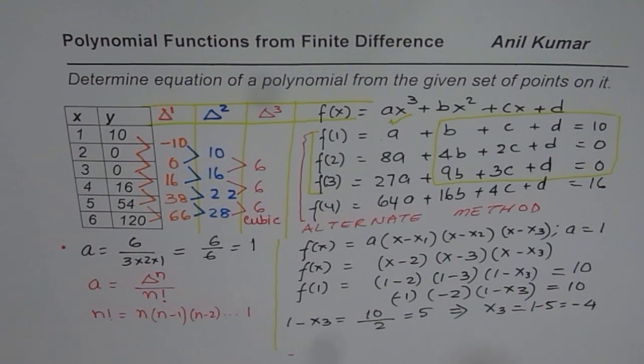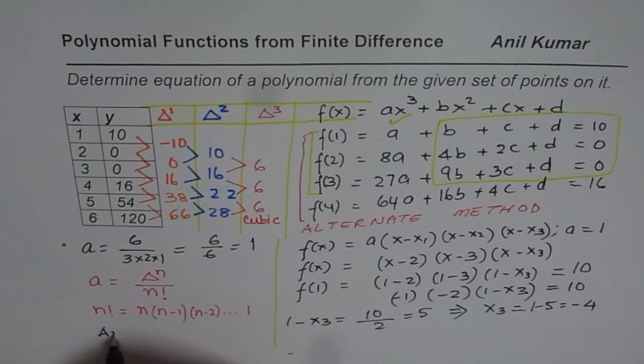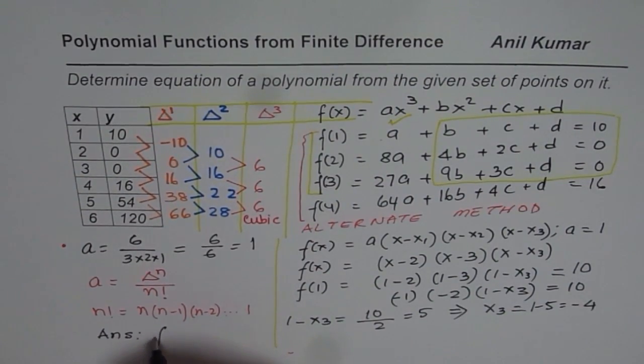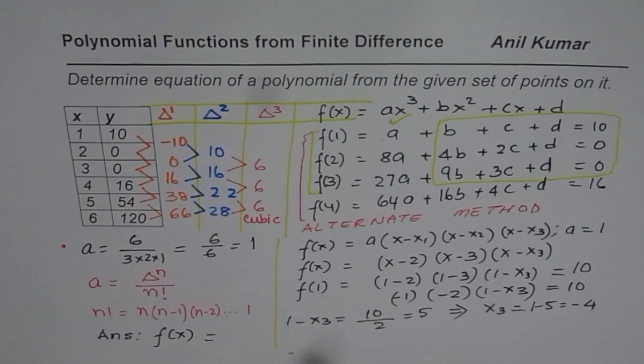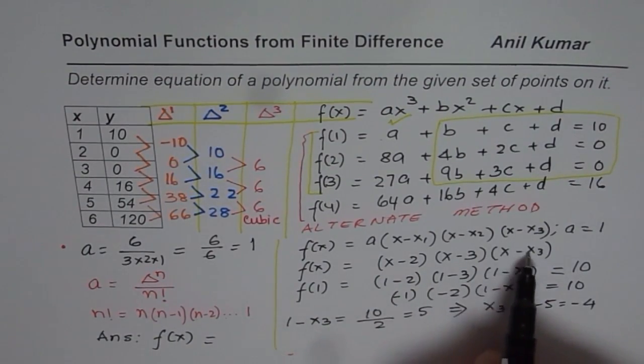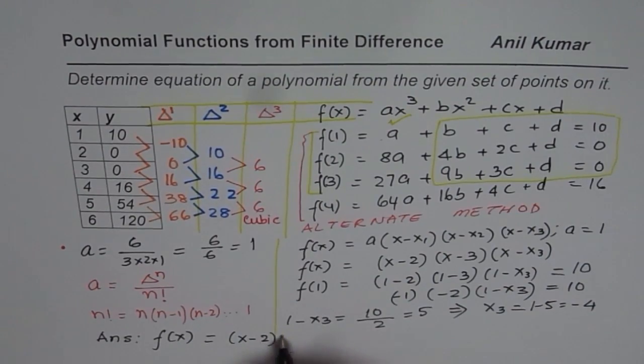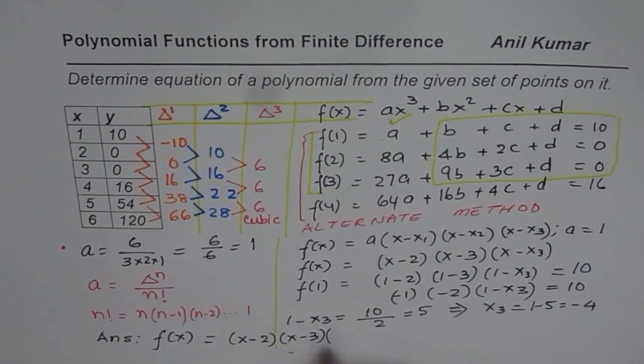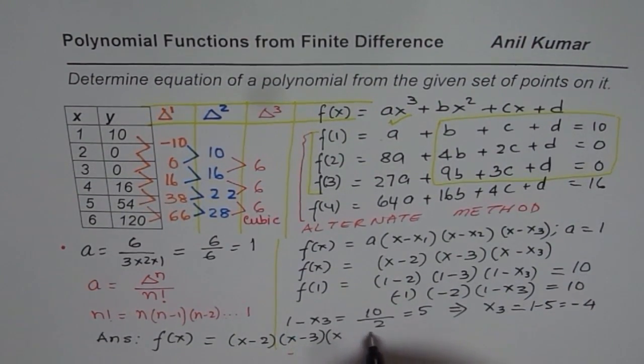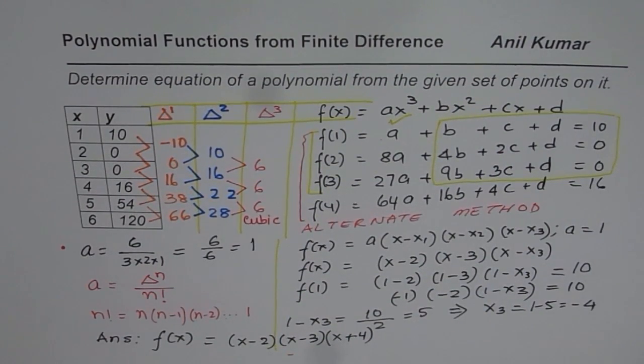Great job. So once you get the third zero, you know what the solution should be, right? Now you can write down your function f of x as x minus 2 times x minus 3 times x minus minus 4, that makes it plus 4. Perfect. So that becomes the solution for us.